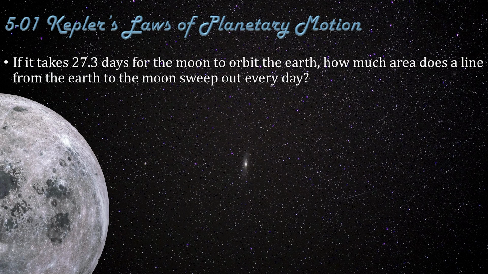If it takes 27.3 days for the moon to orbit the Earth, how much area does a line from the Earth to the moon sweep out every day? So maybe we could just take our area and divide by the time. Our area is pi AB.